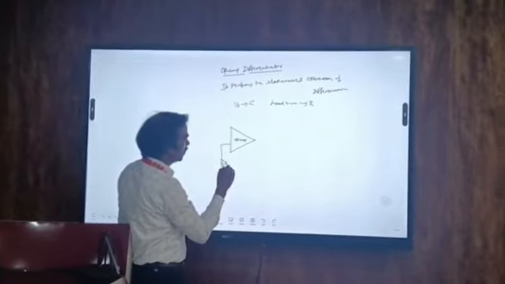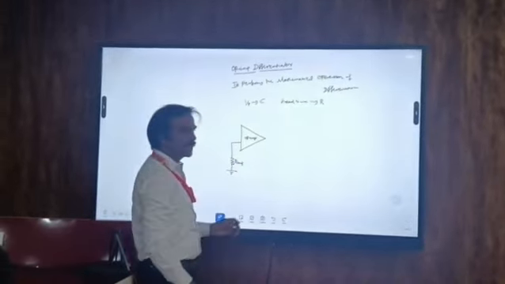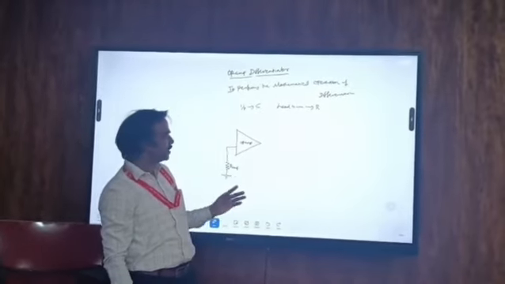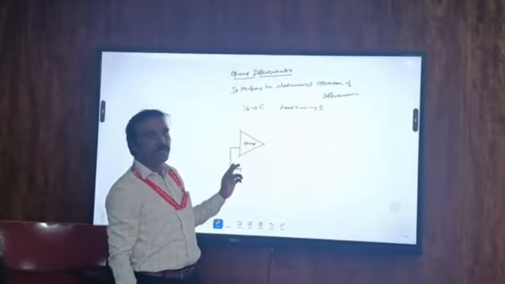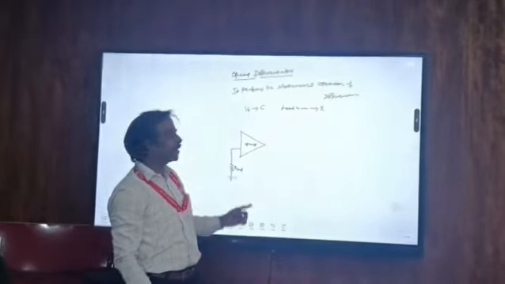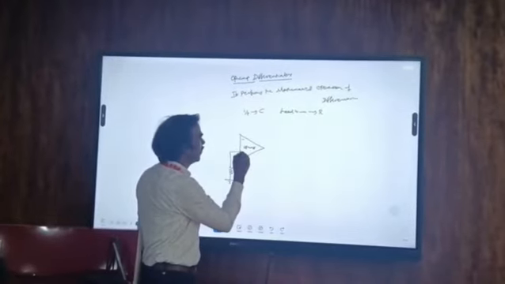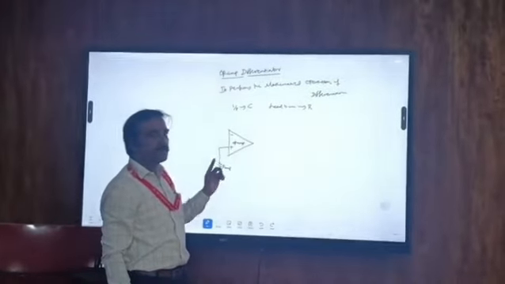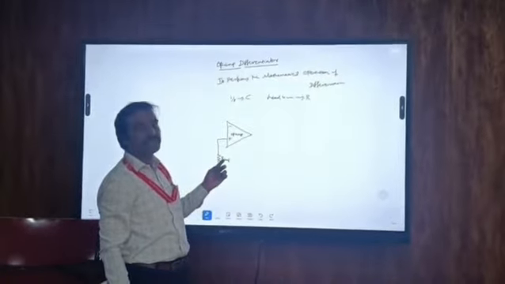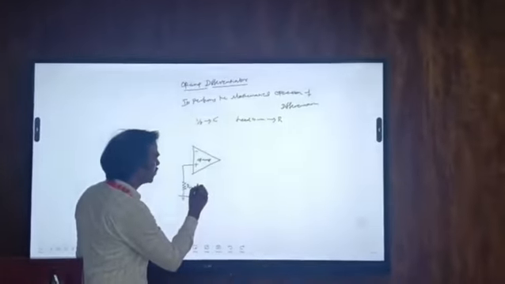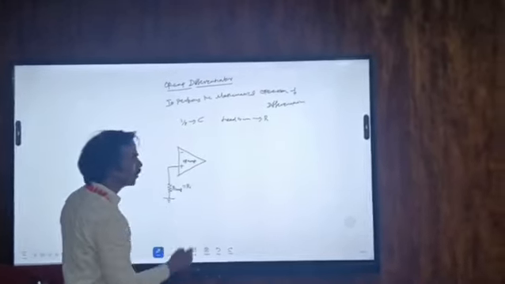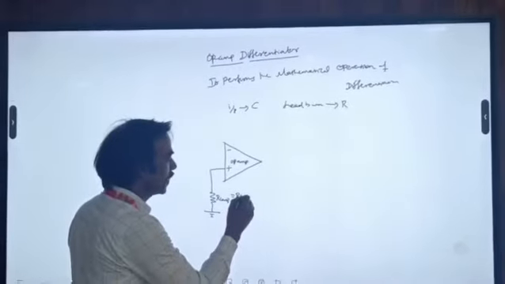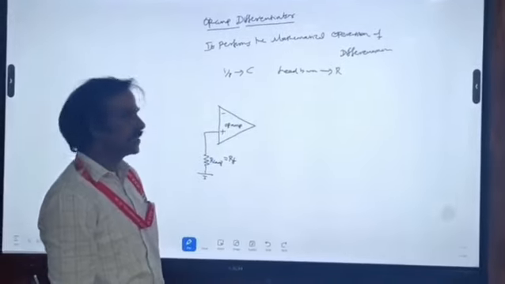I told you in the last class why we use the compensation resistor: to nullify the input bias current effect between the input terminals, the inverting and non-inverting terminals. The compensation resistor is equal to the feedback resistance.